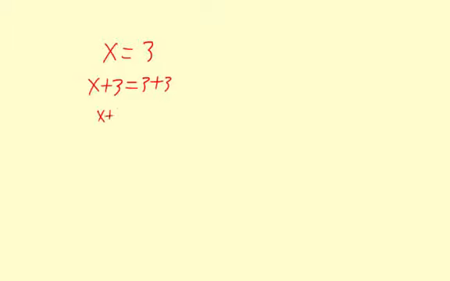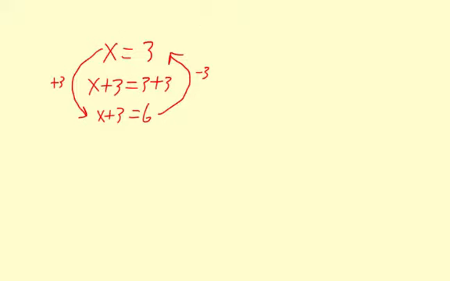So x plus 3 equals 6 is the same as x equals 3. So I can add 3 to get this, add 3 to both sides of the equation, or I can subtract 3 to get this equation. So if you add the same number to both sides or subtract the same number from both sides, that will take you from one equation to the other, and that's why it's called the circle of math.